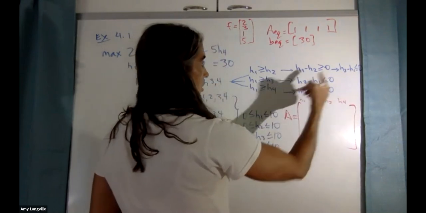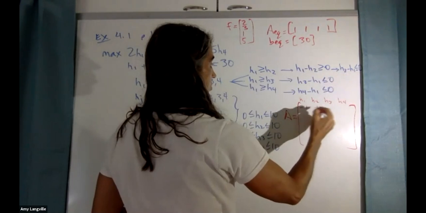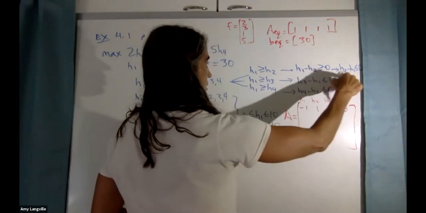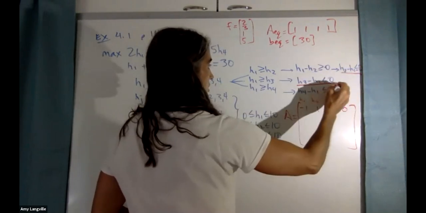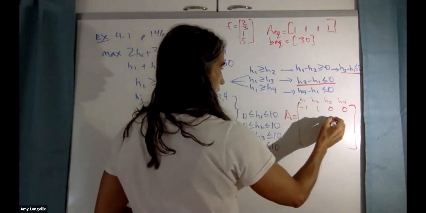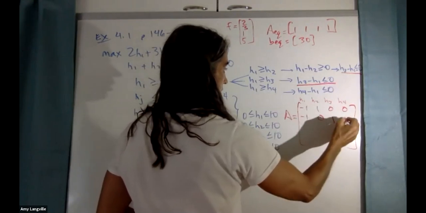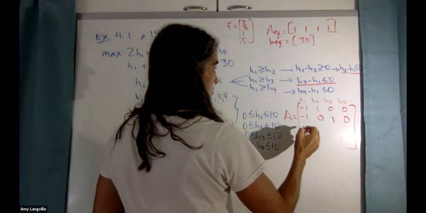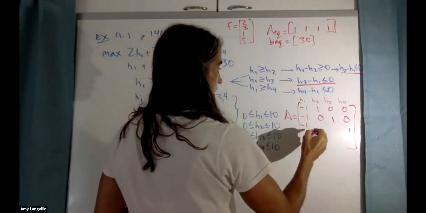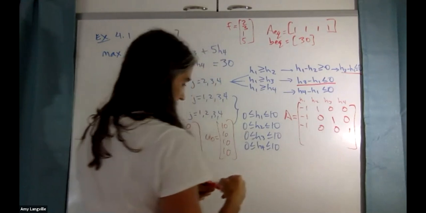And it'll be H2 minus H1. That represents this one. Now this equation is represented here: 1, minus 1, zeros, and one more, H4 minus H1. No H2s or H3s.